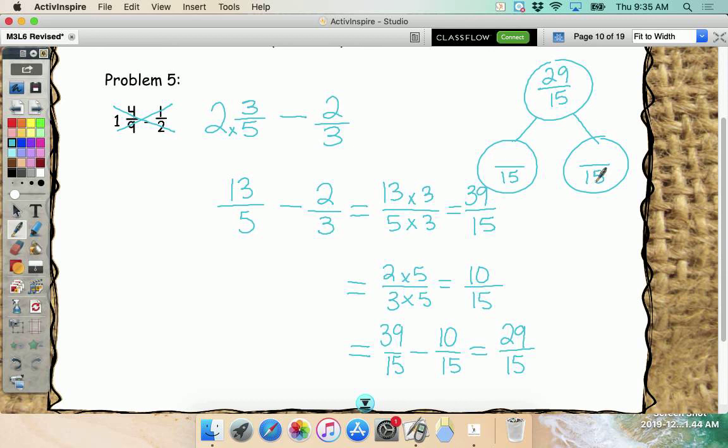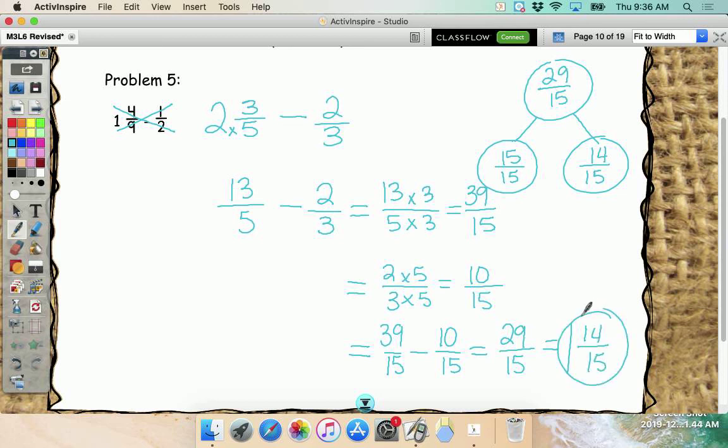So if I take out one whole, Fernanda, what's it going to be? 15. Good. And then how many are left over? Is it 14? Yeah. So my answer here is 1 whole and 14/15.